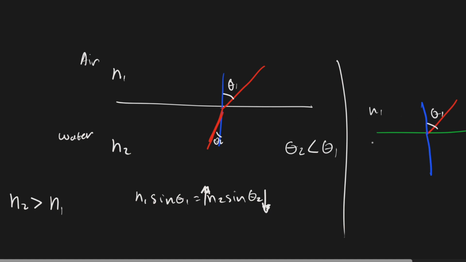And again we have N1 and N2, but this time N2 is less than N1. What will happen? The exact opposite. It will bend away from the normal, something like this, and this is going to be theta 2. So in this case we have theta 2 greater than theta 1.